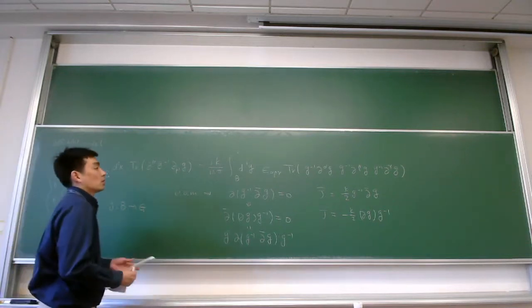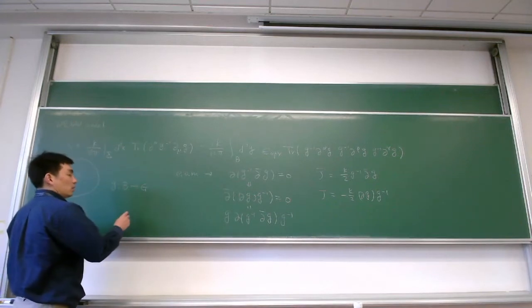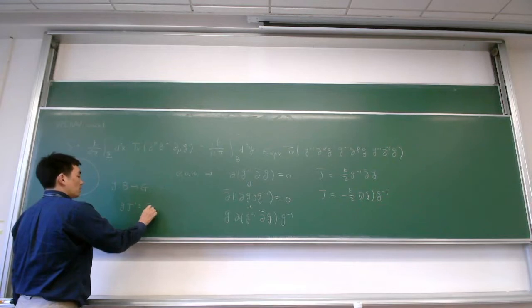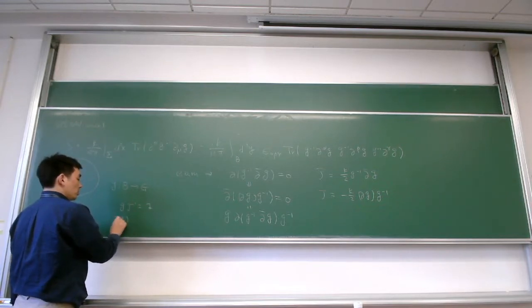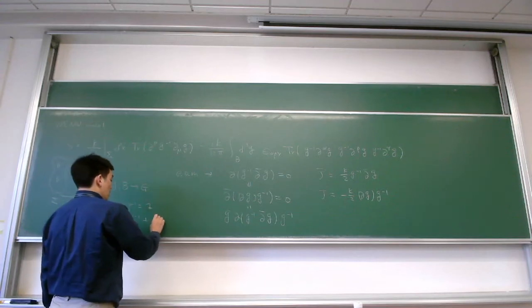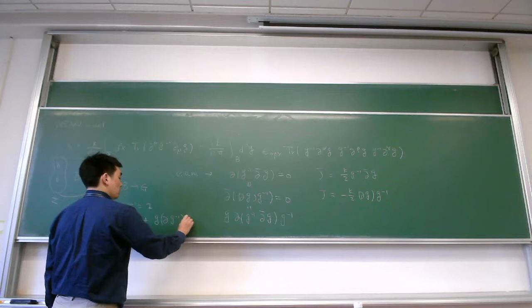As we recall, G G inverse is equal to 1. Therefore, ∂G G inverse plus G ∂G inverse is equal to 0.